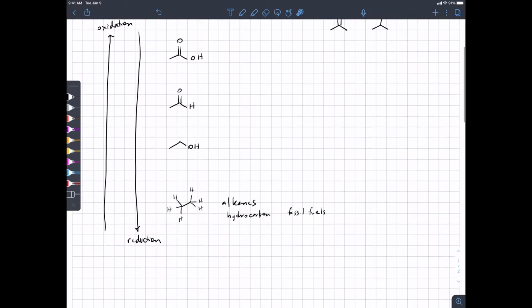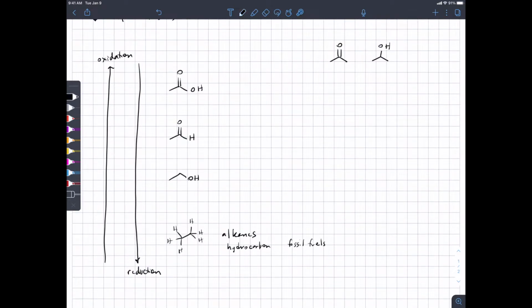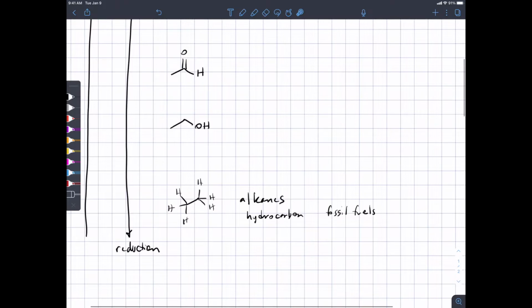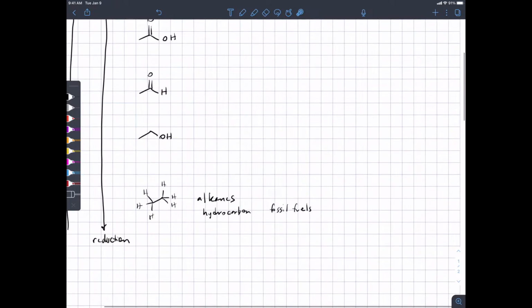But of course, you don't want to oxidize all the way, because the highest oxidation state of carbon is CO2. You can do that very easily by combustion, and that's just burning the alkane. But that's not necessarily synthetically useful, and it's bad for the environment. So the chemical industry looks for ways to convert alkanes into partially oxidized versions.